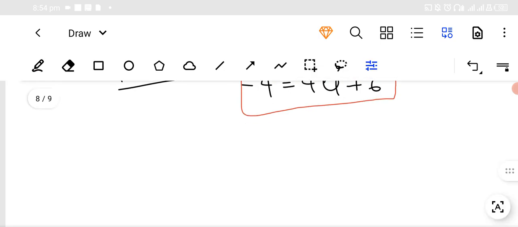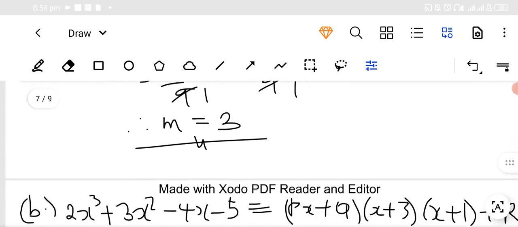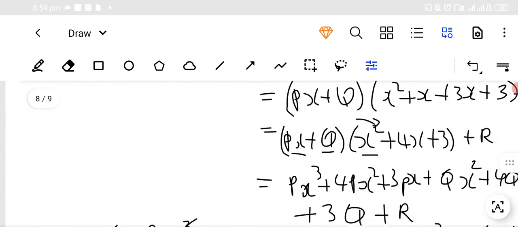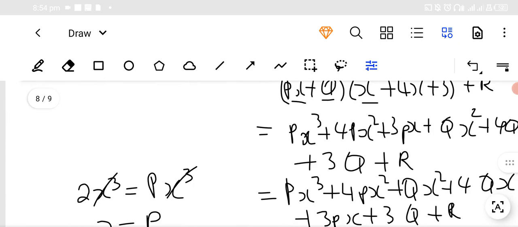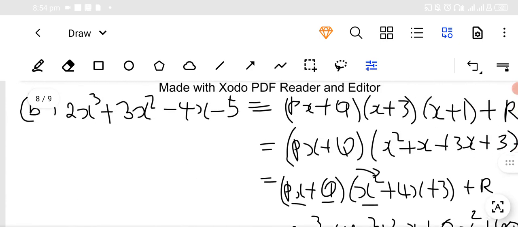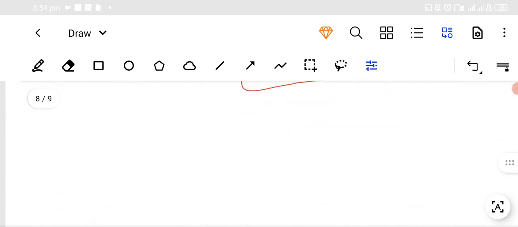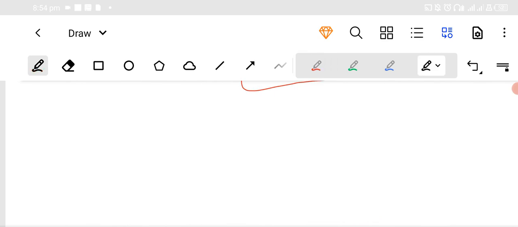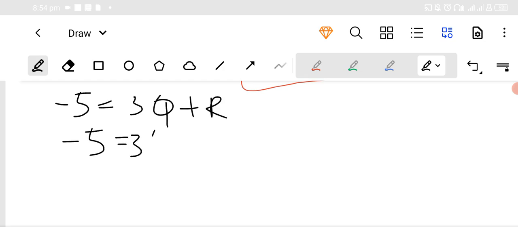So the last part of the question is finding the value of r. What did it say? Negative 5 is equal to 3q plus r. Negative 5 is equal to 3, but I know q is negative 5, plus r.